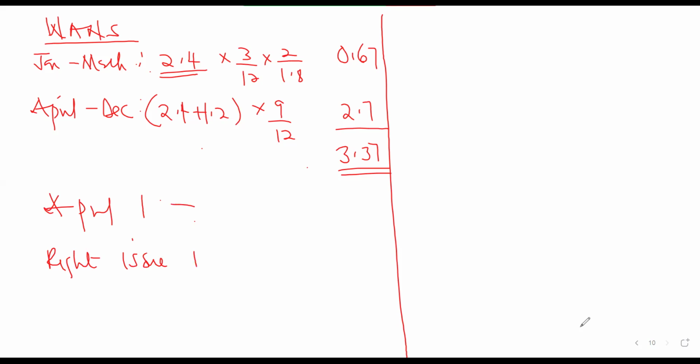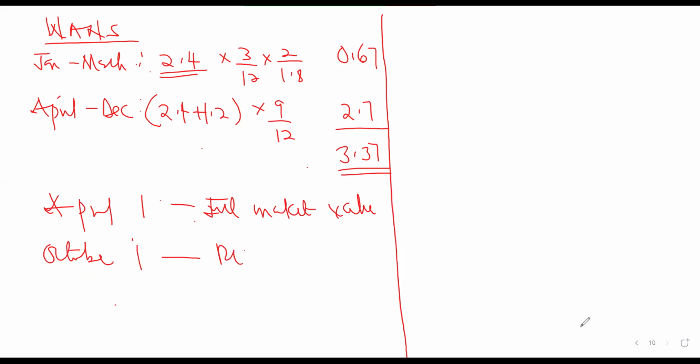So this will be a full market value. And this will be the right issue. Let me write the date here. So we have October 1. That will give you the right issue.